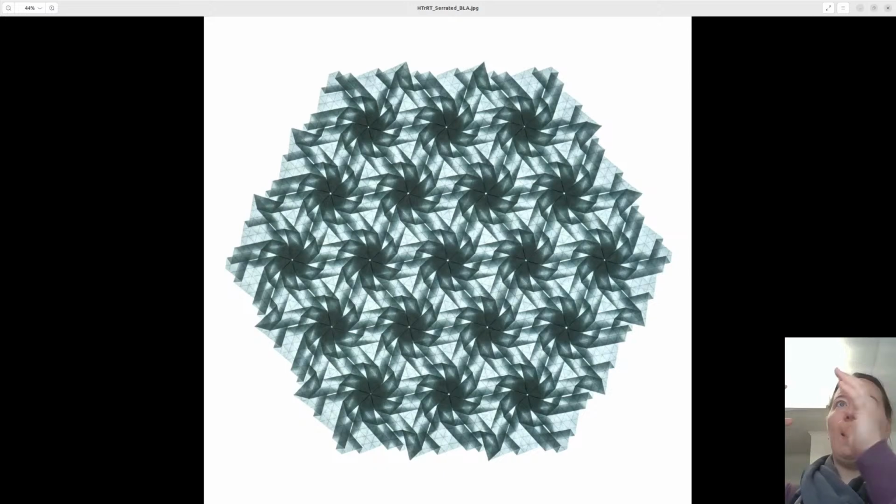Now let me design an origami tessellation based on that. So that's what's going on with the different views. They each tell us something a little bit different about the pattern.